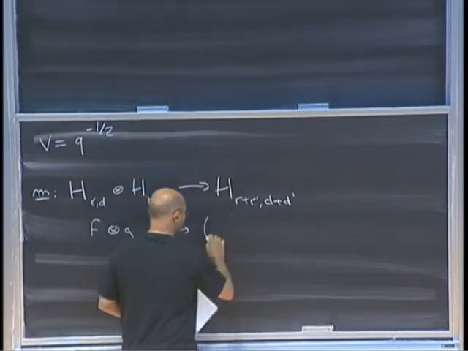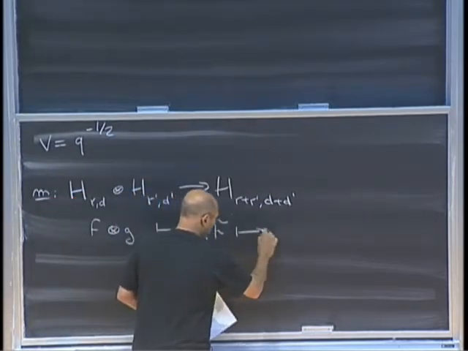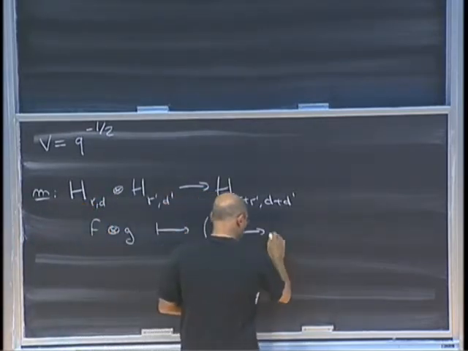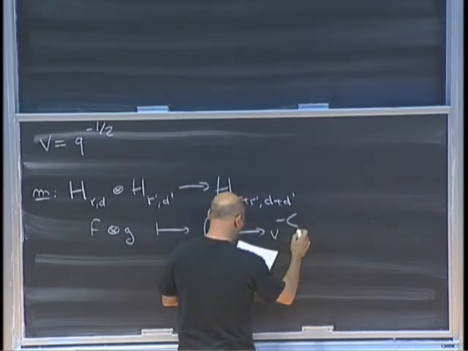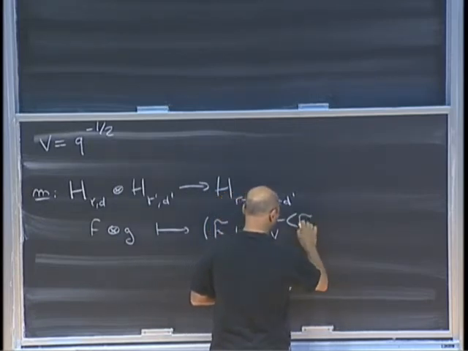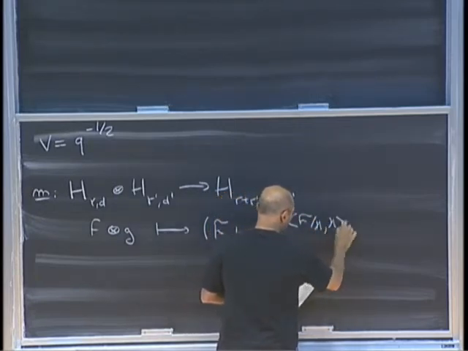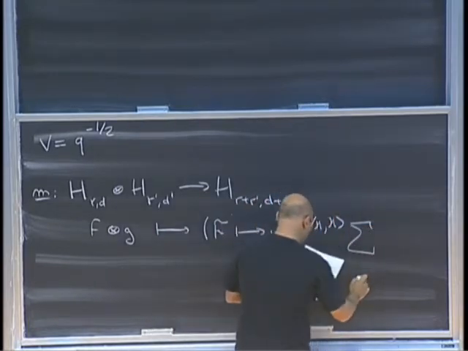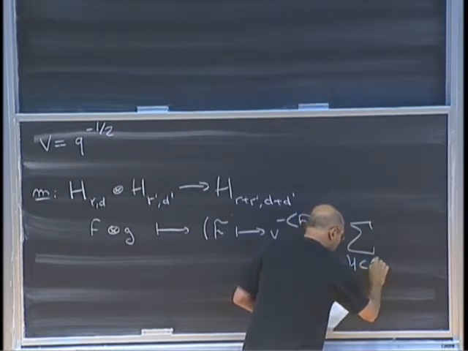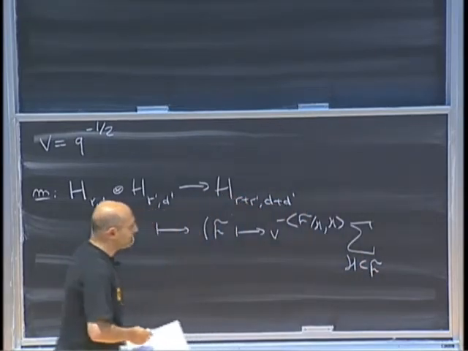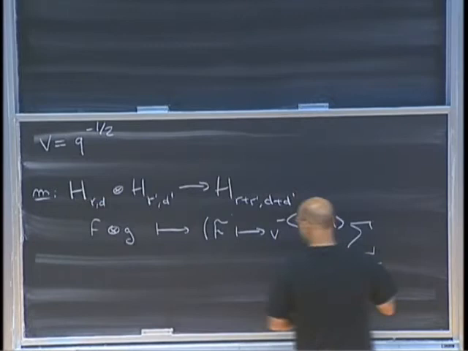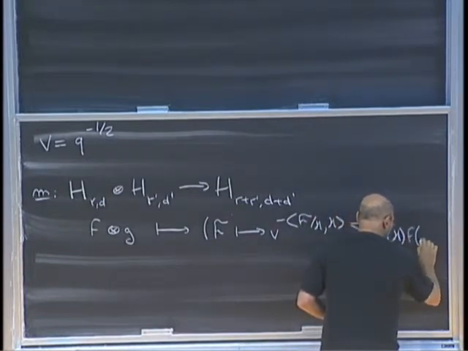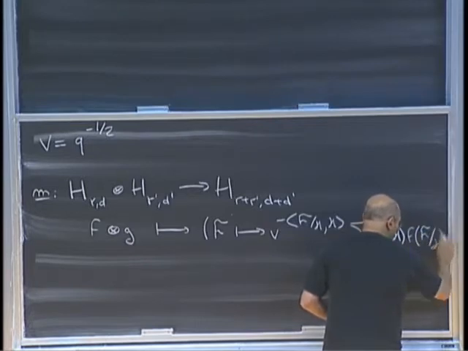And this function will take values on a coherent sheaf F, given by the following formula. So this is where you have this Euler form appearing. This is some renormalization. You shouldn't worry too much about this factor. And you take the sum over all subobjects H of F of g(H) f(F/H).